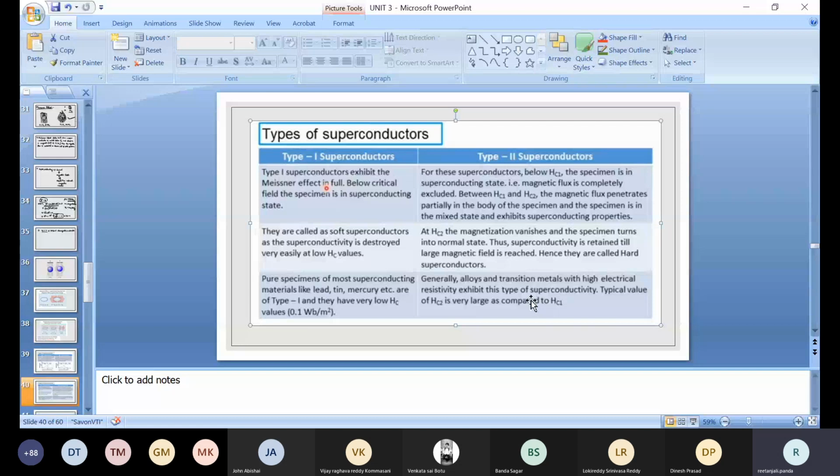Okay, so these have high electrical resistivity, and that high electrical resistivity converts to zero once we reduce the magnetic field below the lower critical magnetic field value. Okay, so these are the differences between type 1 superconductor and type 2 superconductor.